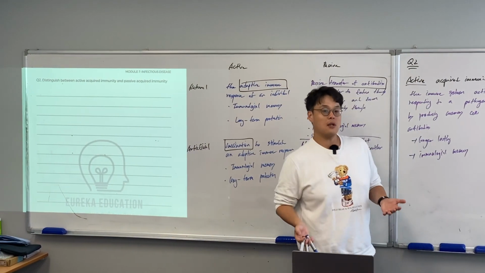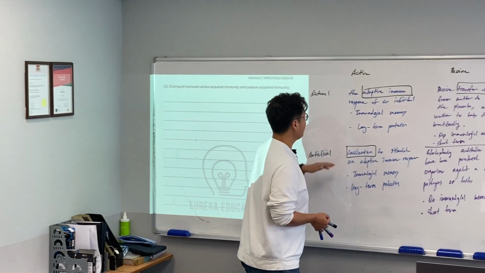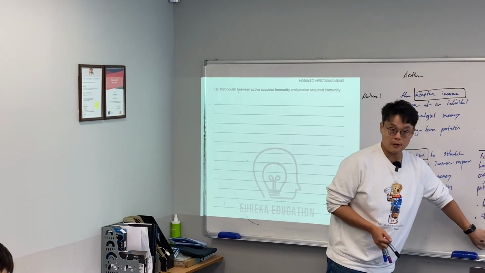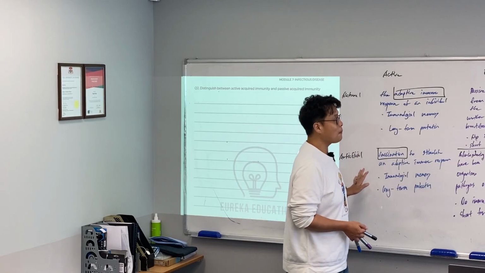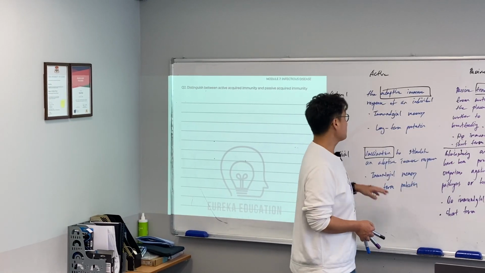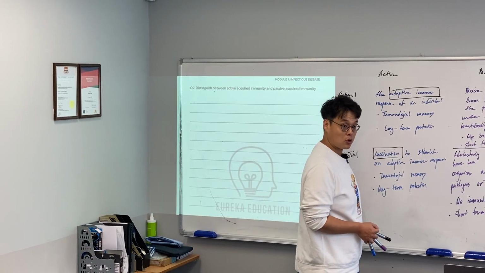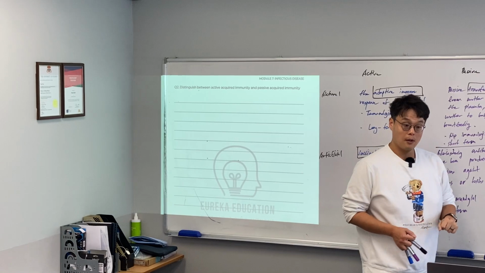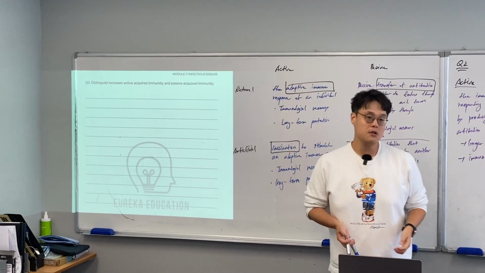So you should be able to differentiate the meaning of natural, artificial, active and passive. Time to time they give you questions like compare and contrast active acquired immunity and passive acquired immunity. In that case, you need to talk about both natural and artificial, or natural active and artificial active too. So, key terms again.